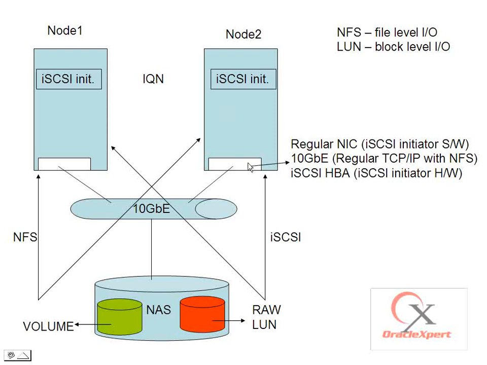Now to have those regular NICs access the LUNs which I create on my NetApp filer, I would need iSCSI Initiator software. That iSCSI Initiator software is available as freeware on almost all platforms. It will allow me to create one IQN number. Then I can map that LUN to a given IQN number. Once that is mapped, I can do the discovery of that LUN and start using it.